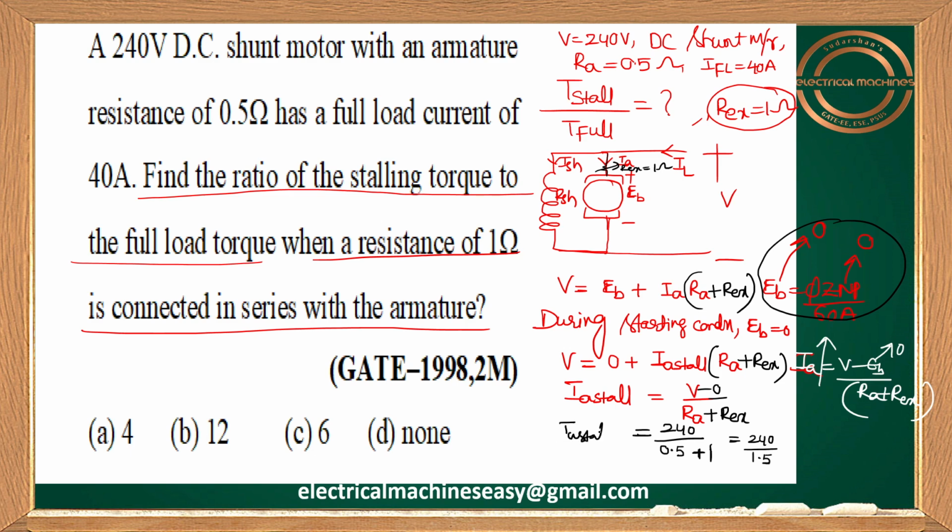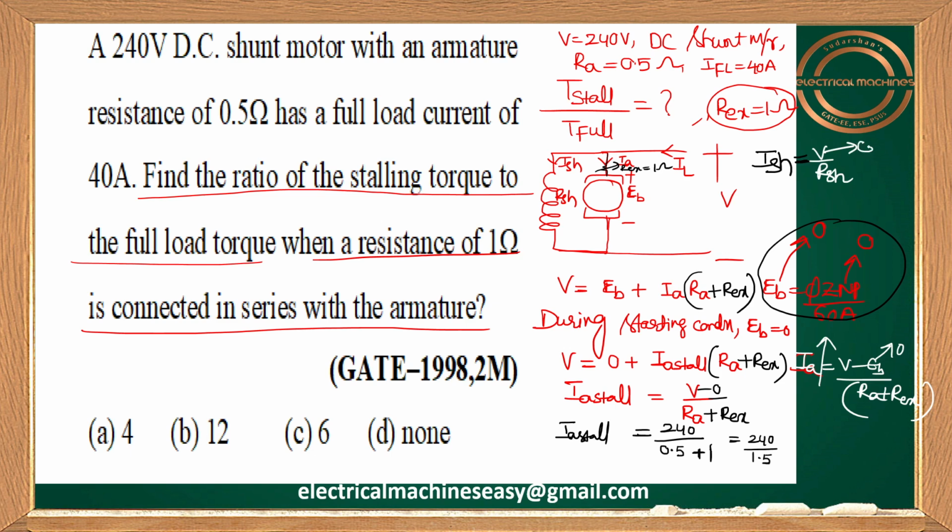Now one thing you have to understand here: in a DC shunt motor, the formula for ISH is the supply voltage V by RSH. If you want the ISH value, what is the voltage across the shunt field winding? V by RSH. In this question, he mentioned there is no change in the supply voltage.